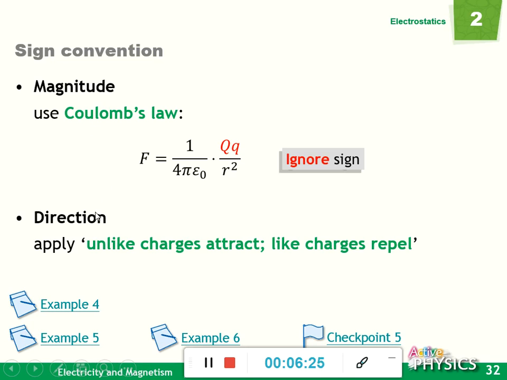Focus on the magnitude only. But if you do not want to do that, you can actually put in negative and positive values. If your answer F is positive, it means repulsive force. Negative means attractive force.